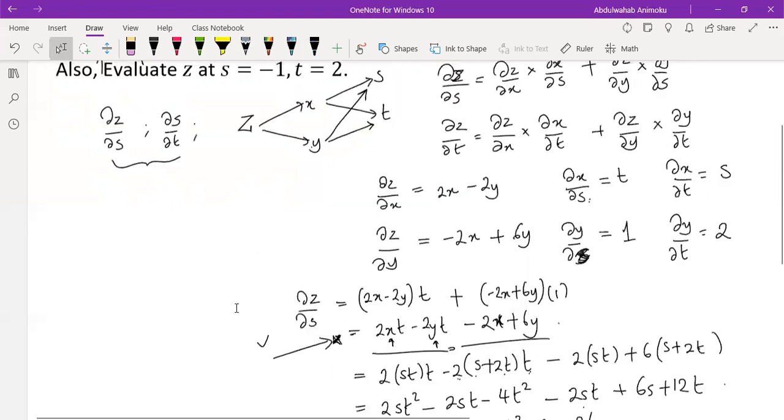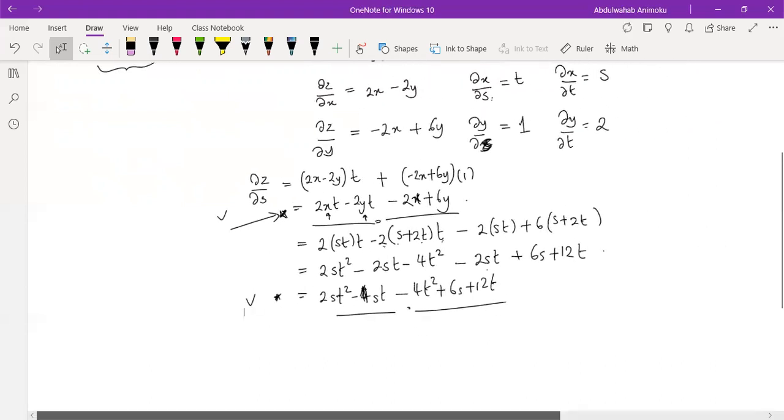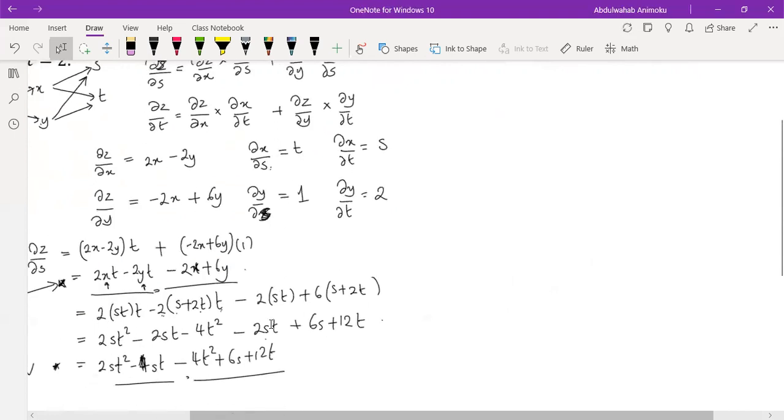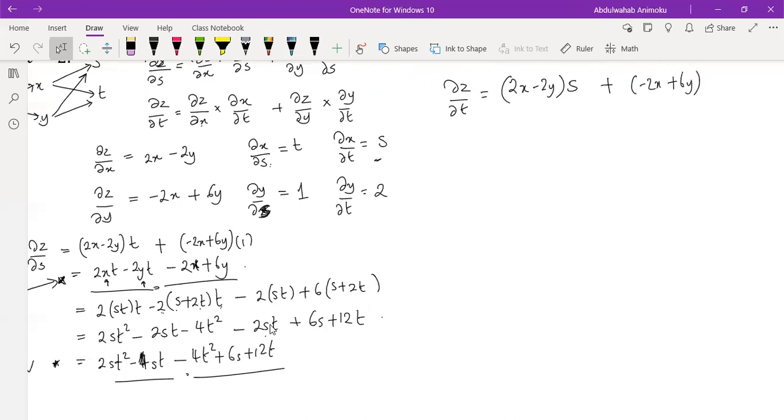Okay. Now let's move to the second one, which is del z del t. Now we know del z del x first, which is 2x minus 2y times dx dt, which is just s, plus del z del y, which is minus 2x plus 6y times dy dt, which is times 2, right?